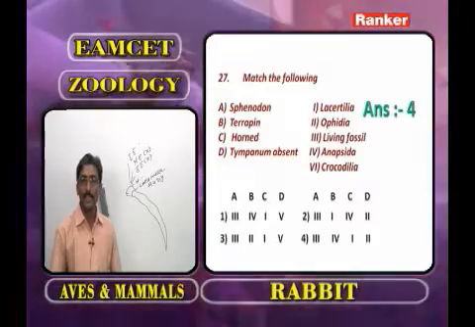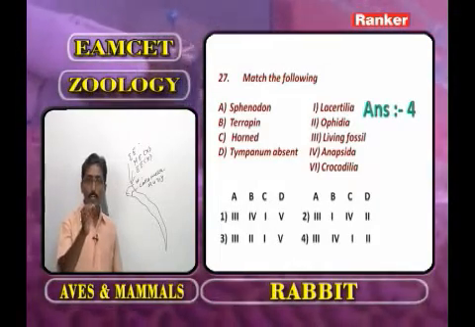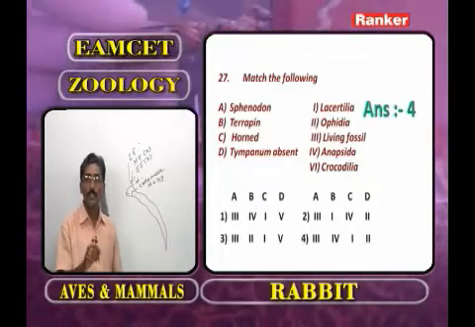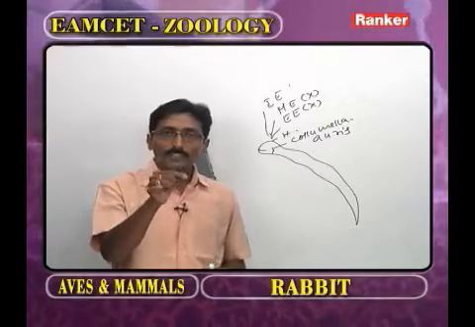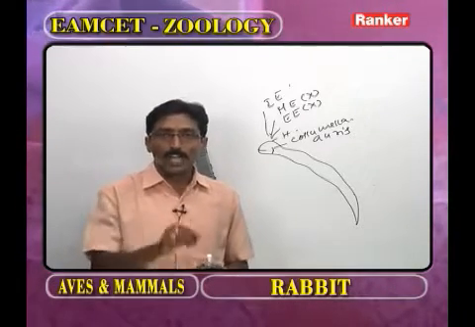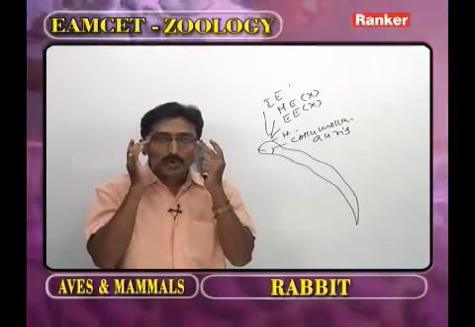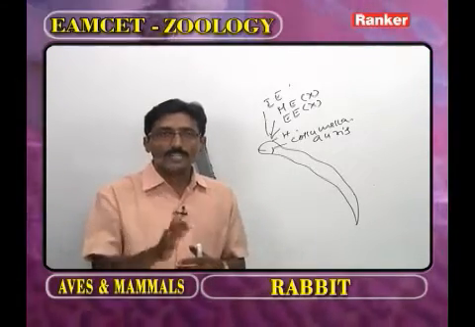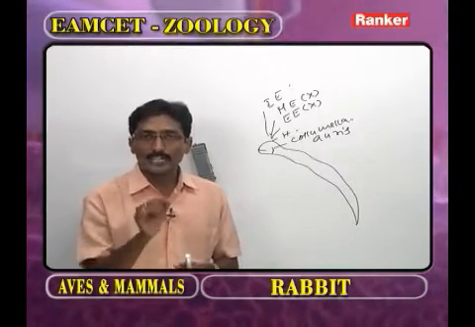What about the terrapin? The chelonians in Telugu are called tabelu. Now, the chelonians that live in freshwater are called terrapin. Now, in terrapin, what is absent? The openings are absent in the temporal region. So, what type of skull in the terrapin? Anapsid. What about the horned?